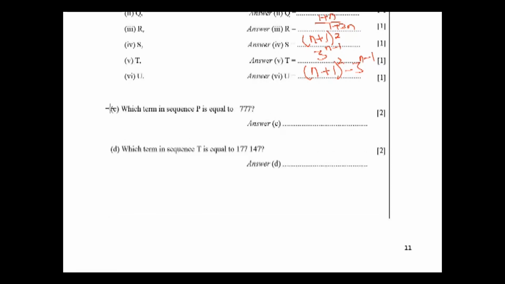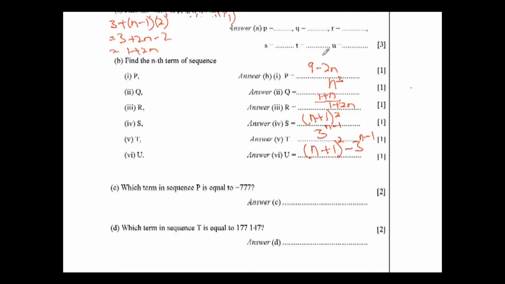Part C. Which term in sequence P is equal to negative 777? Let's look at the nth term for sequence P. It is equal to 9 minus 2n.